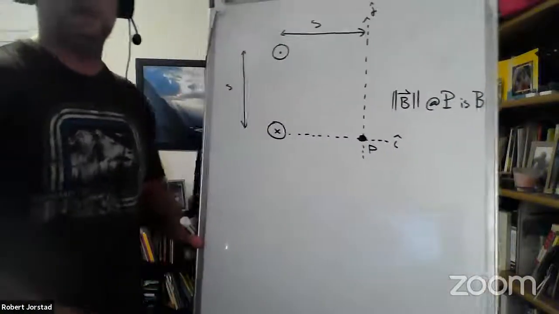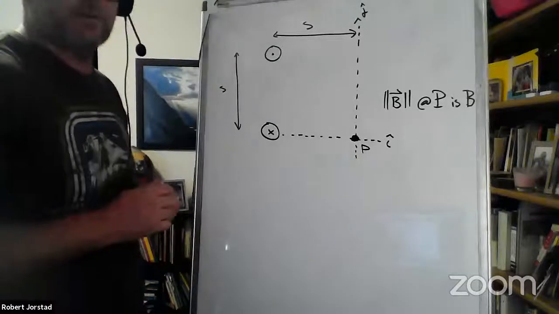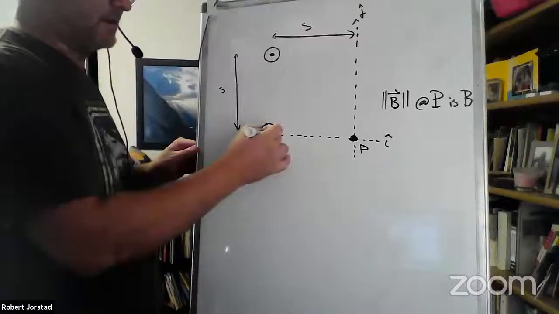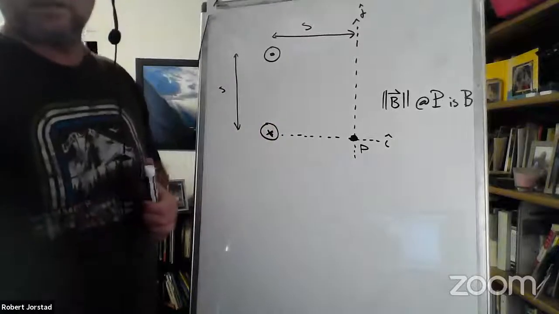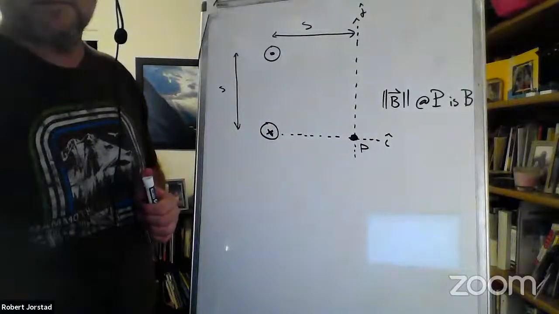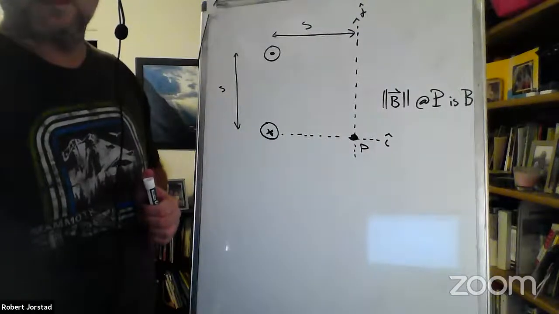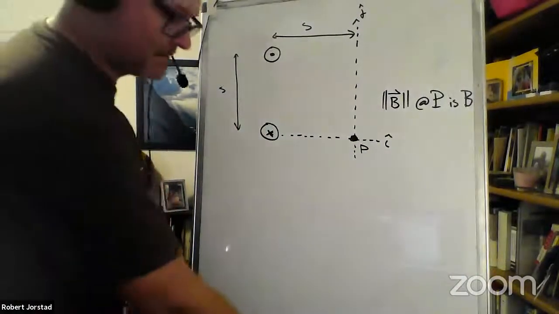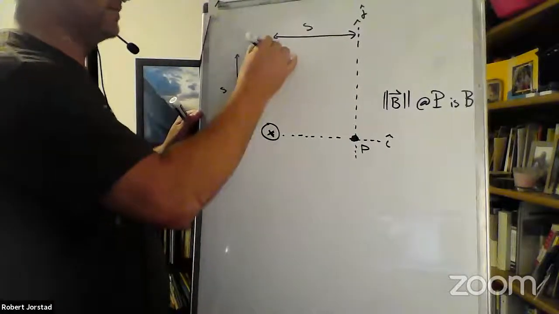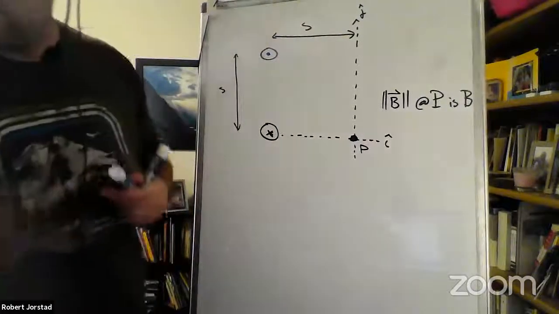Okay. So we've got this situation right here. You've got 2 wires, one up here and one down here. To match the color coding in the solutions, this one was a blue one, and this one I used was red.